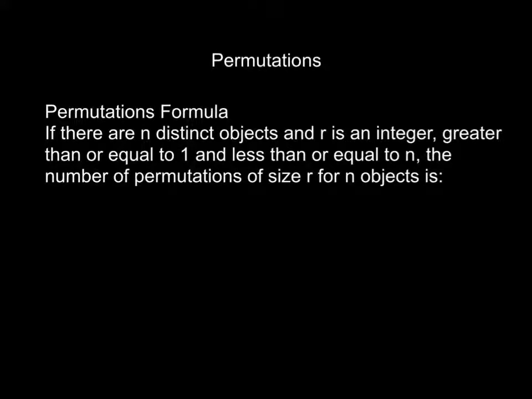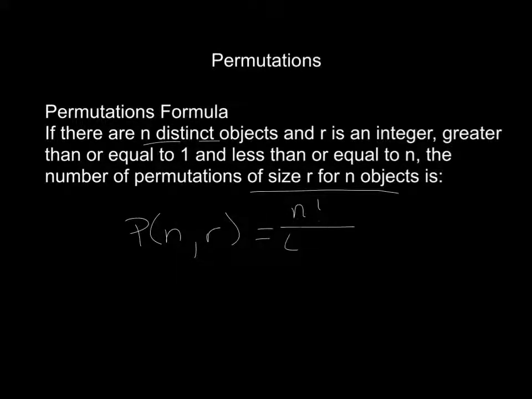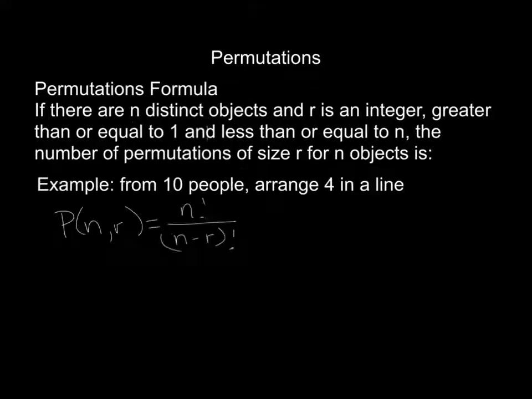If there are n distinct objects, and r is an integer greater than or equal to 1, but less than or equal to n, the number of permutations of size r from n objects is P(n, r), that's the notation, is n factorial over n minus r factorial.